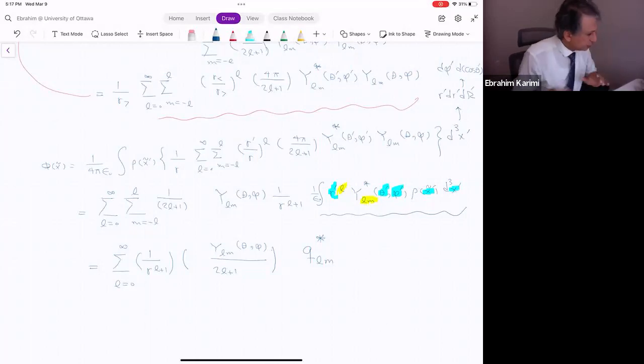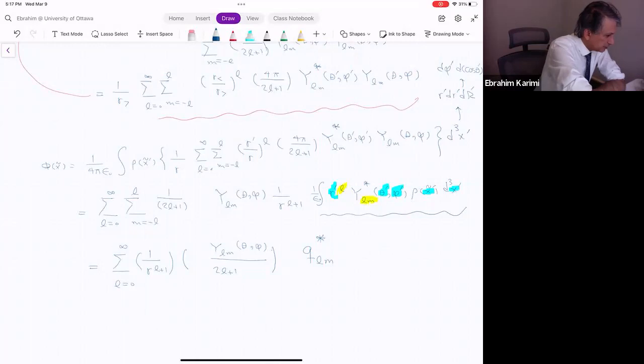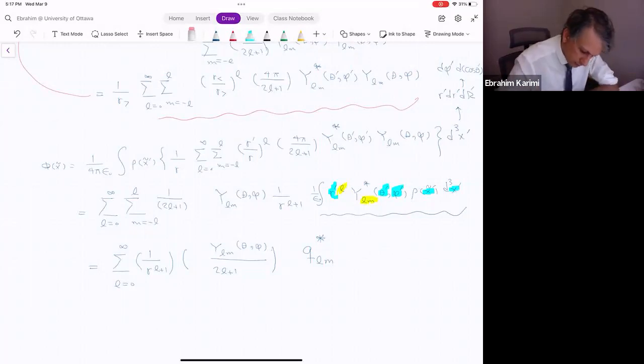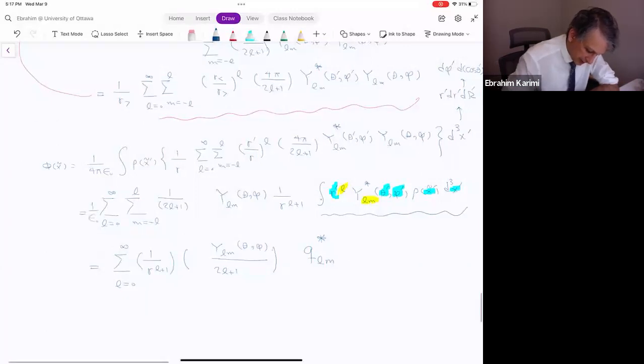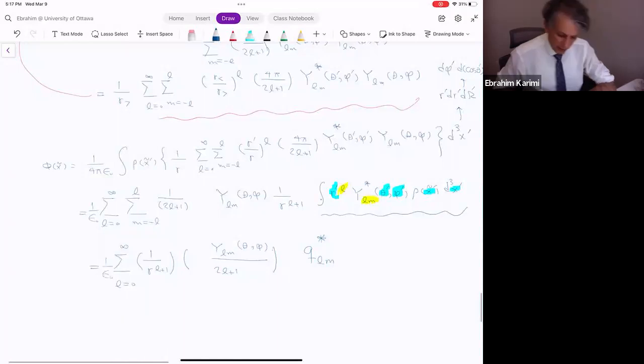I don't believe that in your book they use 1 divided by epsilon 0 also in the calculation. Let me go check your book. No, they don't use it. So 1 divided by epsilon 0 is just a scaling factor, a unit that you have to handle.